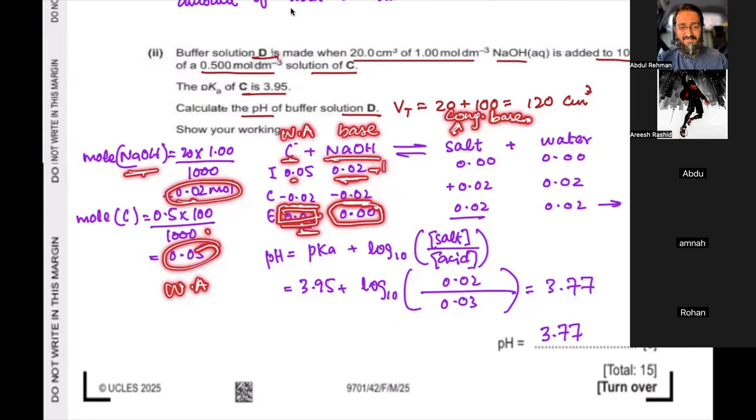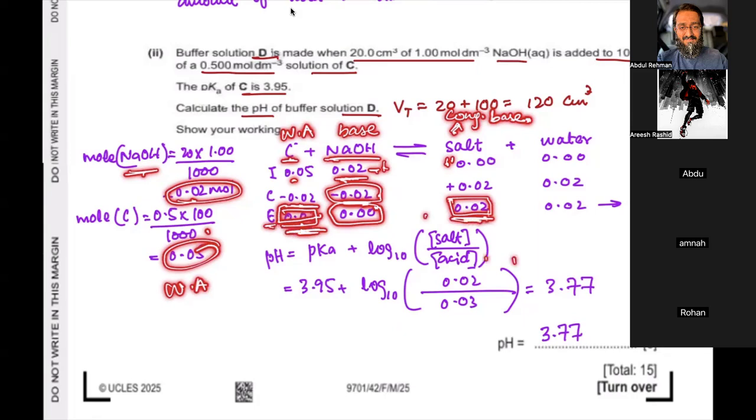And now the ratio of the base to the salt is also 1:1. So the moles of base which have been used up, the equal moles of the salt have been produced, right? So now when the equilibrium has been established, we have the weak acid and its conjugate base, or its salt. So it's a buffer now.